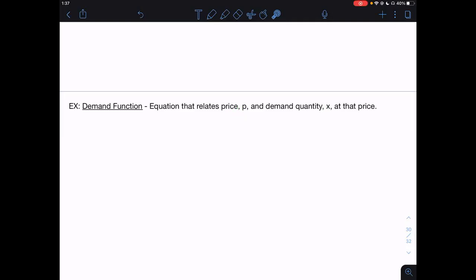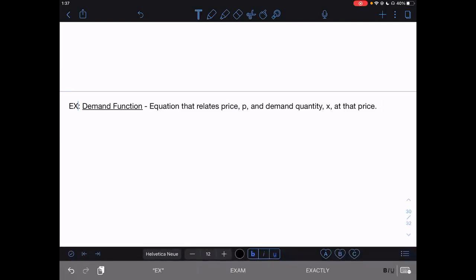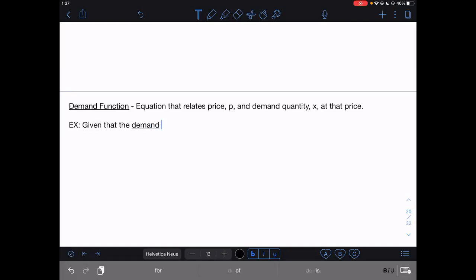Suppose for this example we're given the demand equation, the demand quantity of an item, defined as follows.